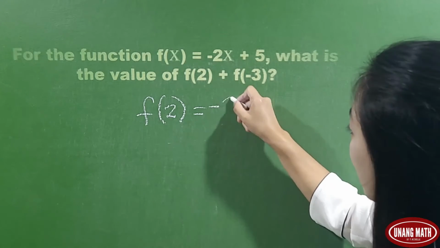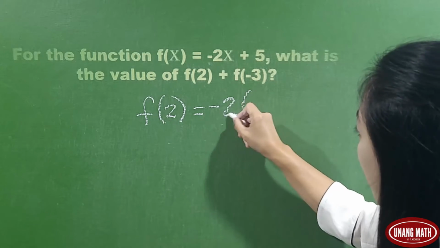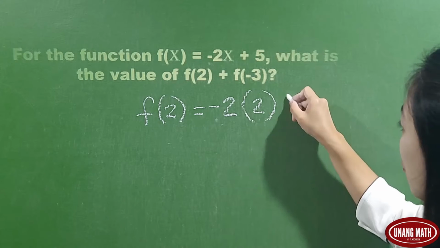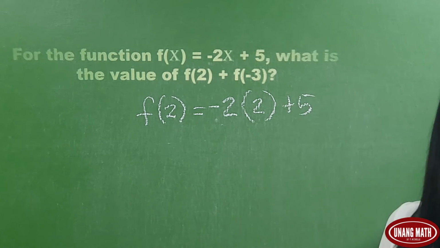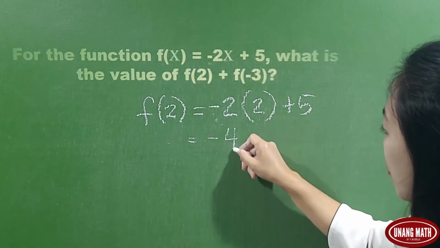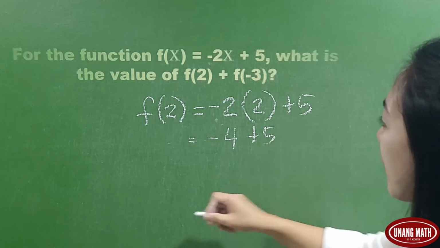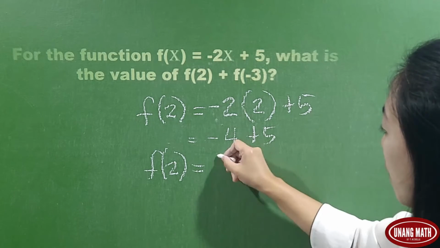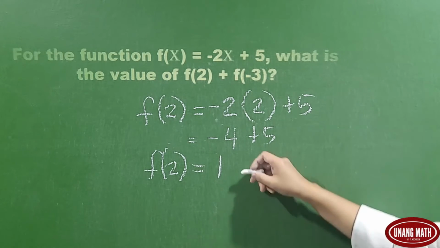So this is negative 2 times the value of x, which is 2. So negative 2 times 2 plus 5. Okay, negative 2 times 2, that's negative 4. So negative 4 plus 5, then that means f of 2 is equal to positive 1.